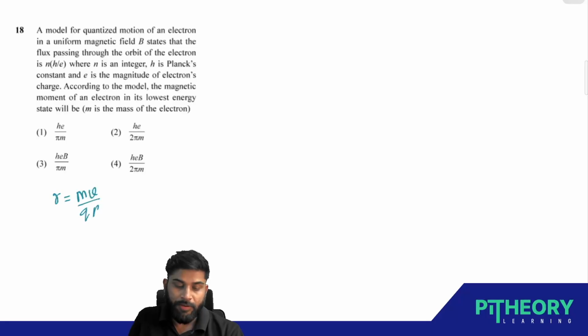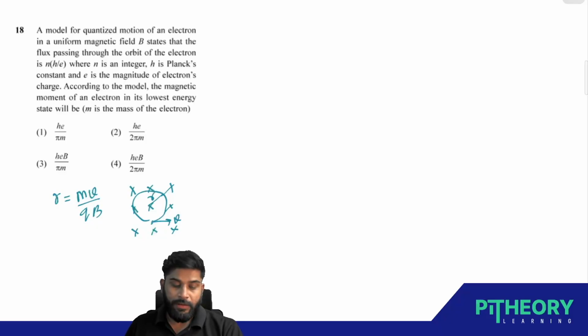The electron will go in a circular path, so the radius is given by R equals mv by qB. That is one point we can use here.